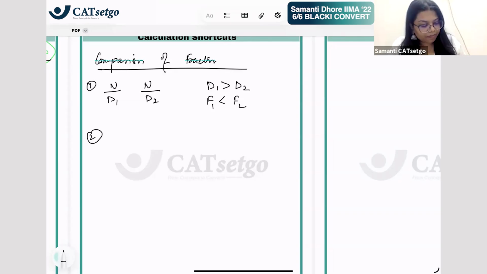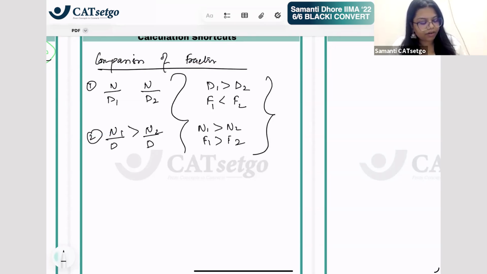Same thing goes if the denominator is constant and the numerator, जिसका numerator बड़ा है, वो fraction भी बड़ा होता है. Is there any confusion here? ये F1, F2, D1, D2 जैसे ही denominations है. This is not some mathematical theorem that I'm telling you, right? These are very basic things, है ना? And you should be aware about it.